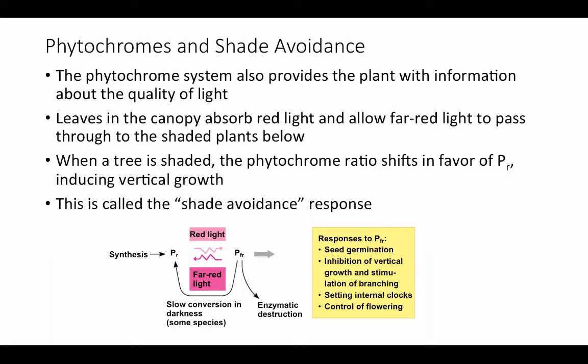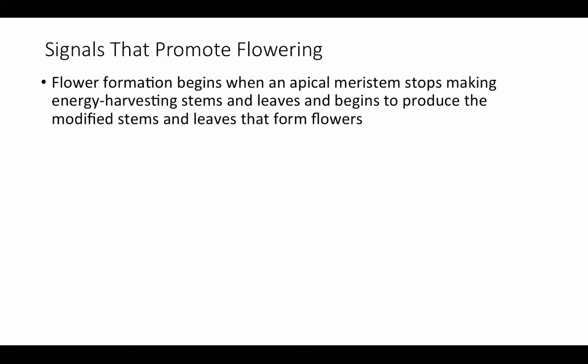It's also going to help to set internal clocks. So this resets those circadian rhythms in the morning. And as we're going to see, it's also going to control flowering. So let's take a look at the signals that promote flowering. Flower formation begins when an apical meristem stops making energy harvesting stems and leaves and begins to produce the modified stems and leaves that form flowers.